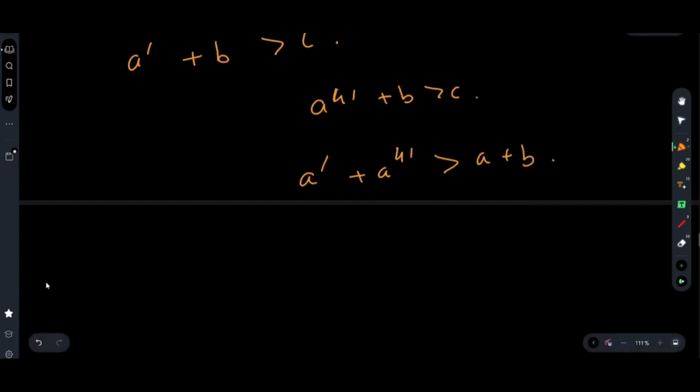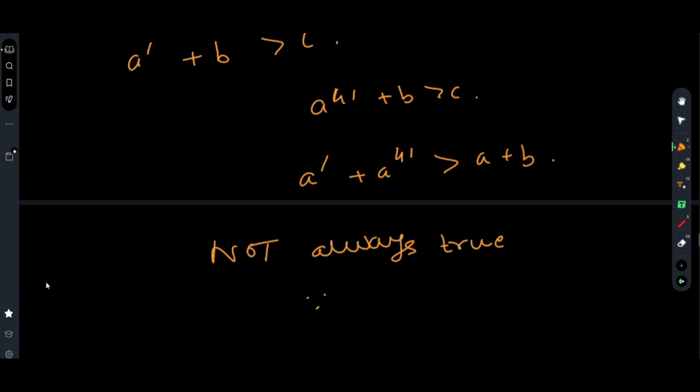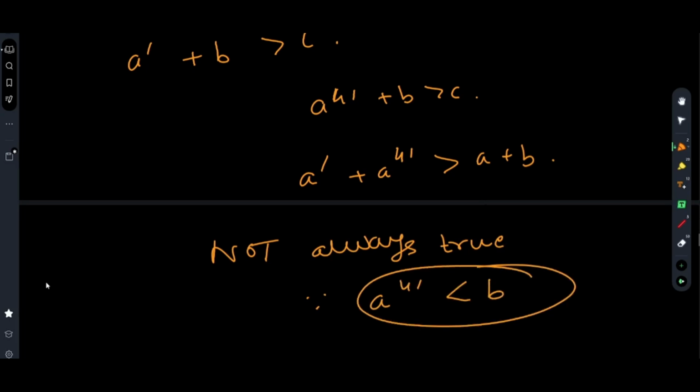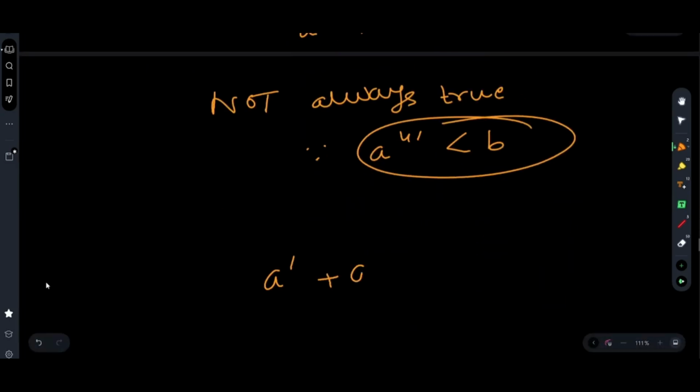That doesn't necessarily mean, because this is not always true, since A4 dash is less than B, and because of this factor you cannot say this particular thing. This cannot be said.